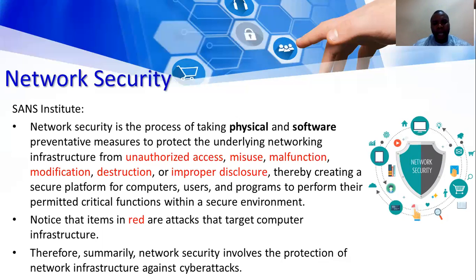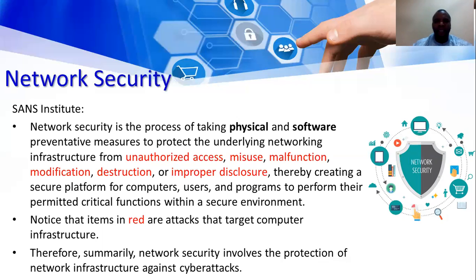And if you look at the items in color red here, they simply mean attack characteristics. And by this, it means that we can define network security as the process of securing our network or infrastructure against cyber attack.